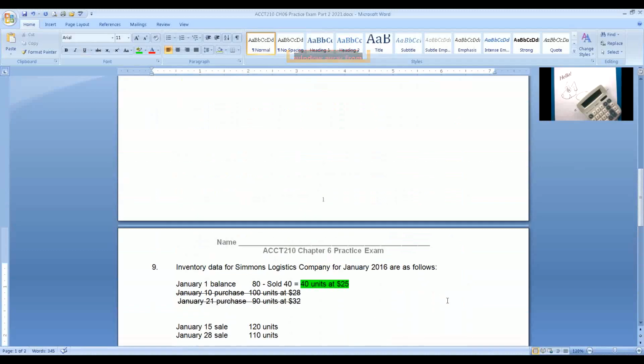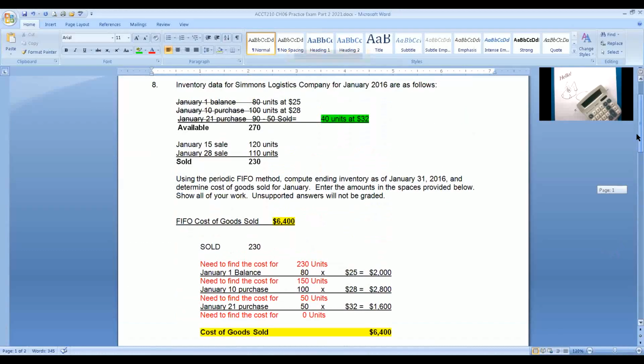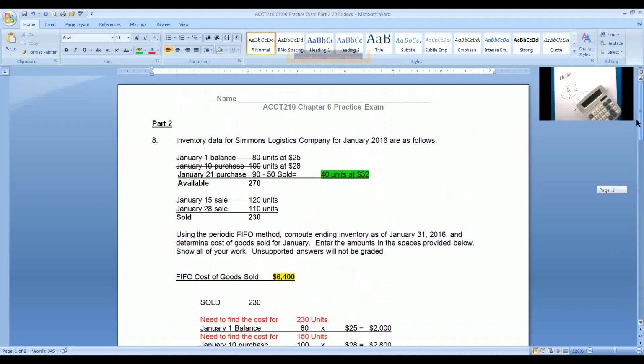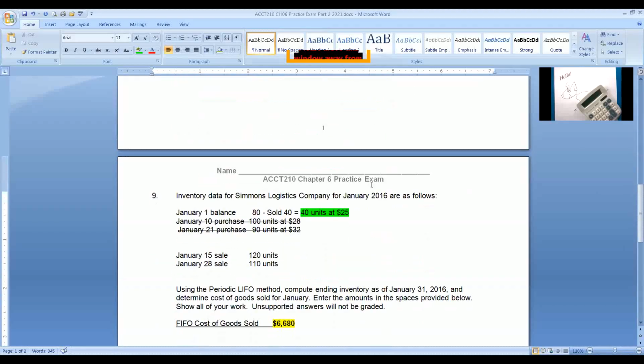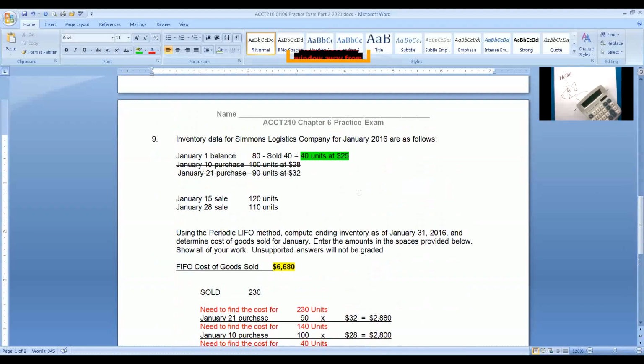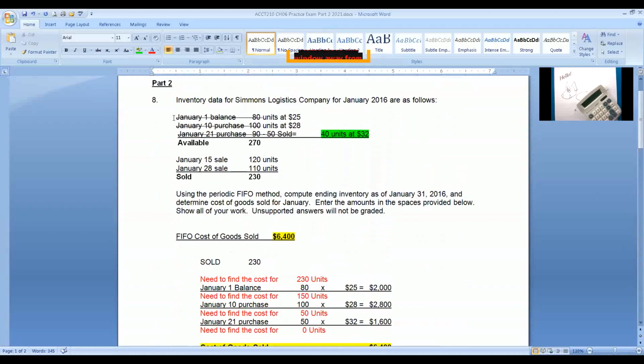Any questions on that? I have a question. How did you get the ending inventory of 1,280? Oh, for this one? Yeah. It comes from up here. This is the first in, first out.